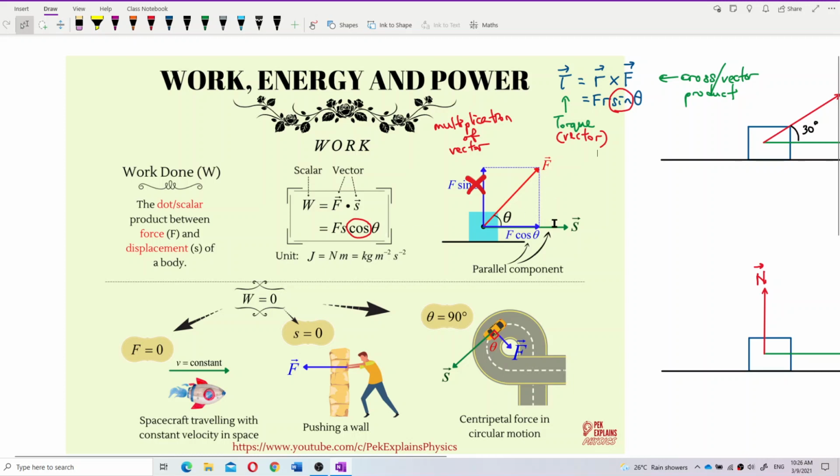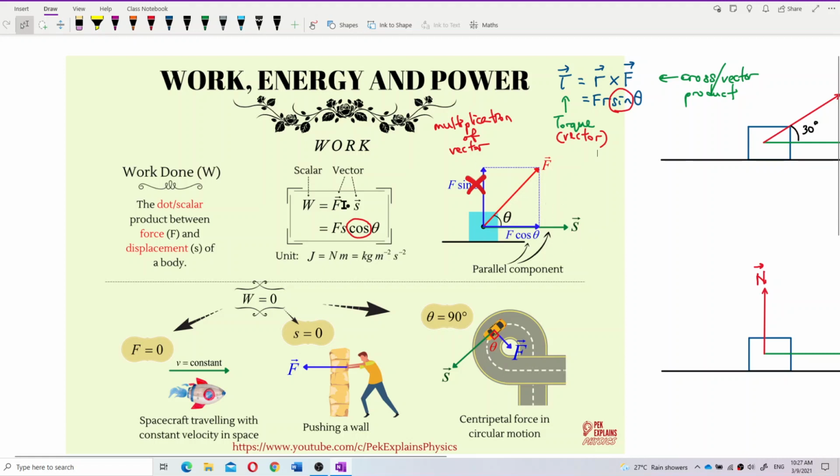Look at here. This force actually has two components. It has the component parallel to the displacement, which is F cos theta, and it also has the perpendicular component, which is F sin theta. Using this angle theta, we resolve the force into the parallel and perpendicular components relative to displacement.